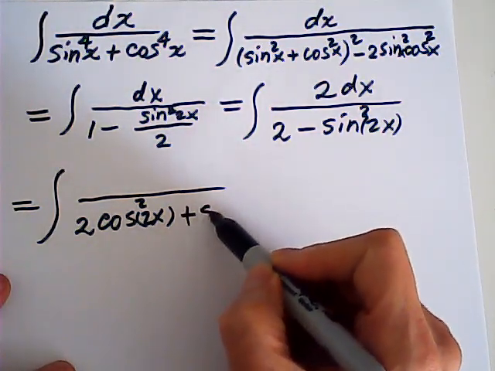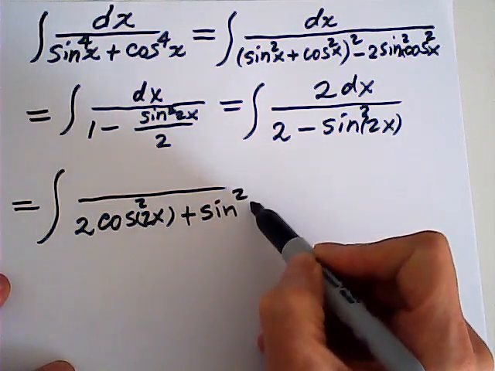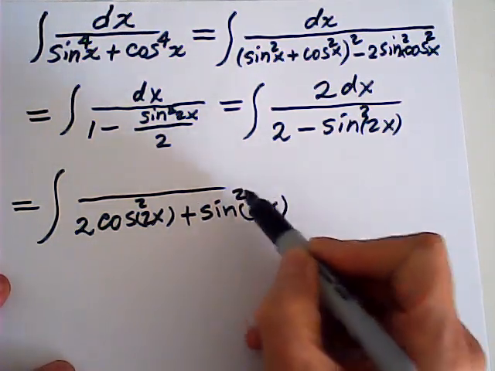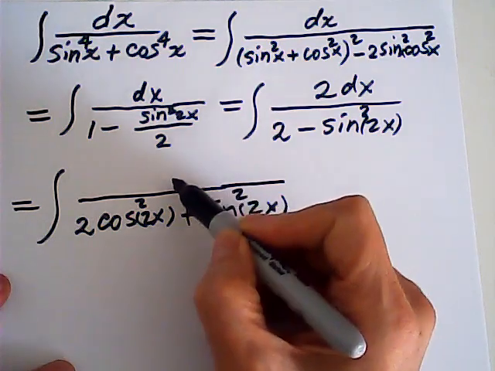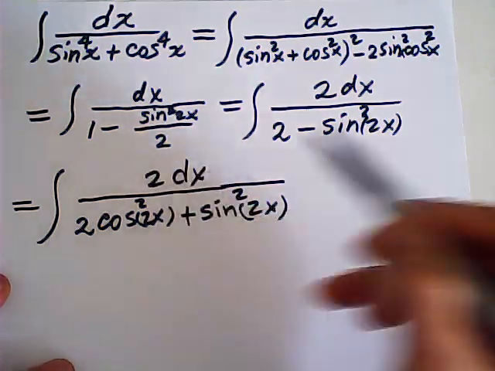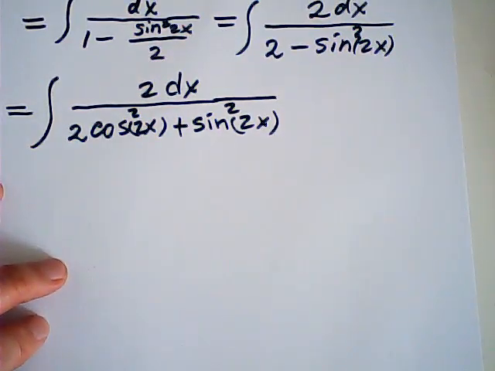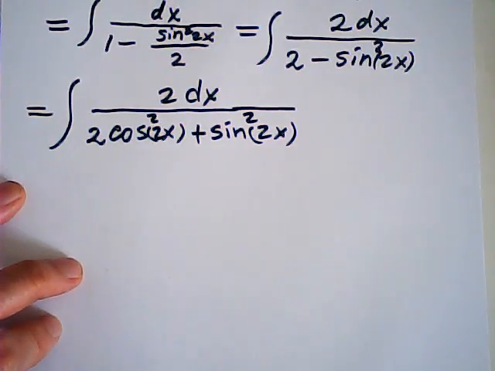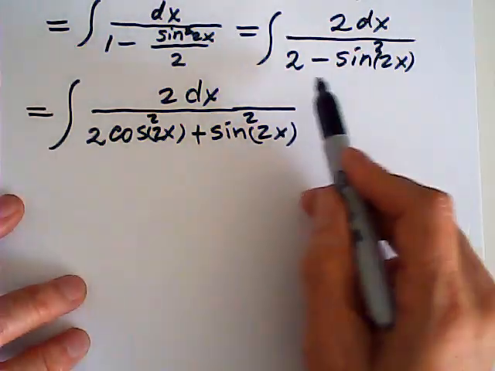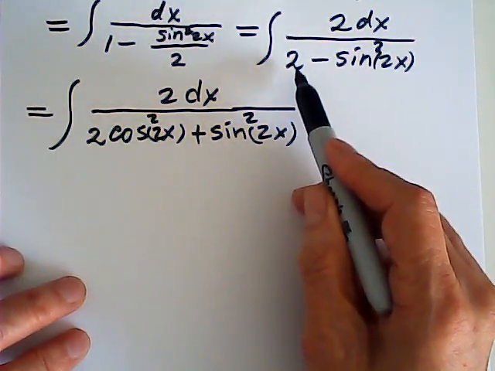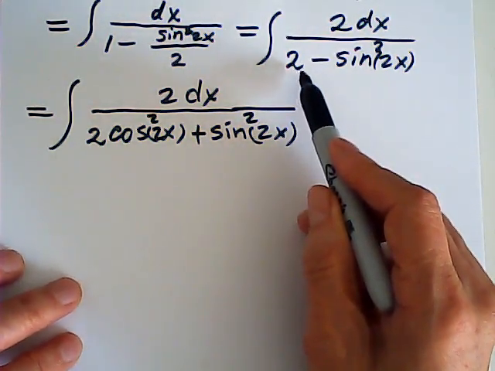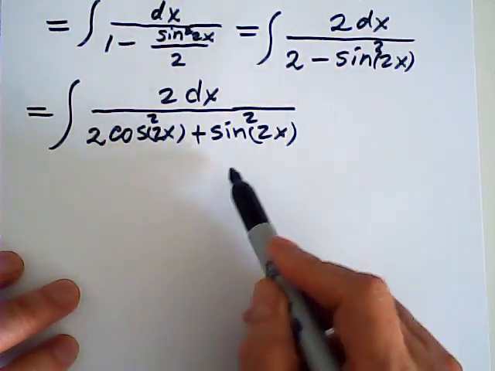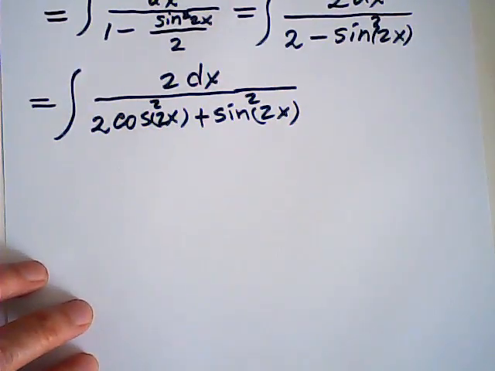Plus sine square 2x and 2 dx. Well, is that clear? Okay. 2 cosine square and 2 sine square, and after the minus sign becomes this. Yeah.